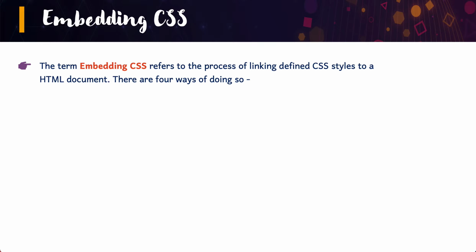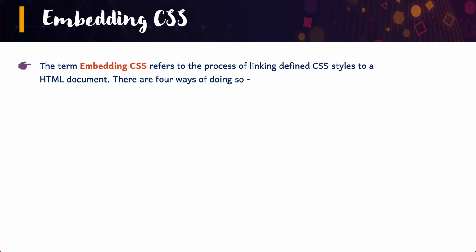Back to our class. What is embedding CSS? The term embedding CSS is really referring to how we are linking the CSS styles that are in a style sheet or somewhere to an HTML document. The end purpose is that we define styles so as to be able to use them and present the HTML document better, right?